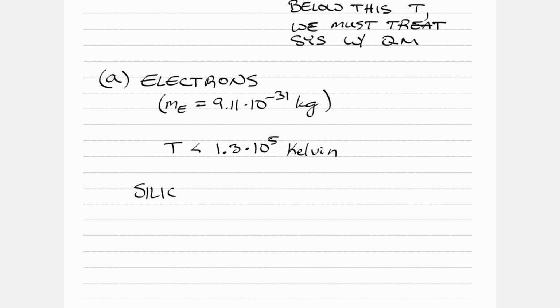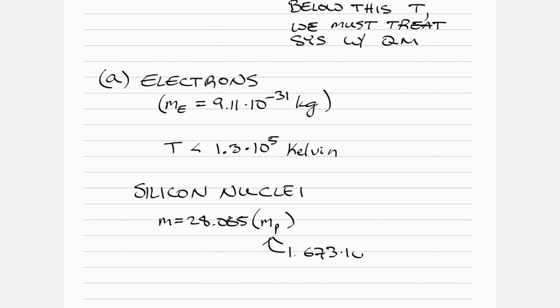And then we say, okay, let's look at silicon nuclei. So the mass is about 28.085 times the mass of the proton. So that's atomic mass times the mass of the proton, which is 1.673 times 10 to the minus 27 kilograms, as you know.